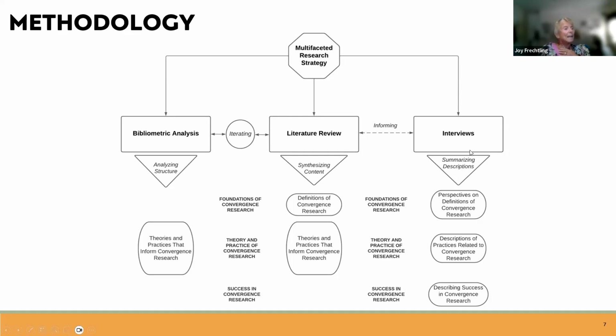Then we looked at interviews. We did interviews with NSF program staff, others involved in convergence, to see through the eyes of those who were engaged in it what it was, how it was defined, what were some definitions, what were practices, and what was success.